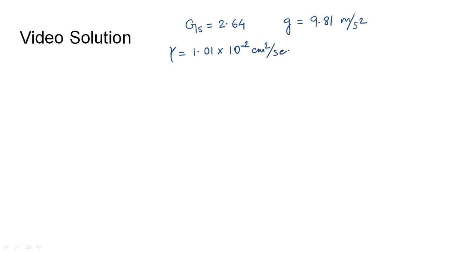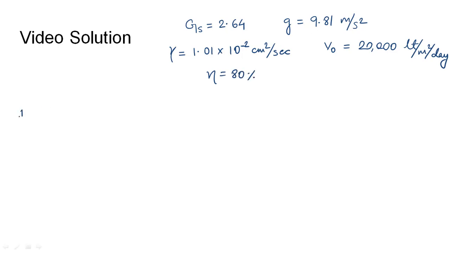In this question, the data is given as the specific gravity is 2.64, acceleration due to gravity is 9.81 meter per second square, kinematic viscosity of water is 1.01 times 10 to the power minus 2 centimeter square per second, surface overflow rate is 20,000 liters per meter square per day, and efficiency of removal is 80%.